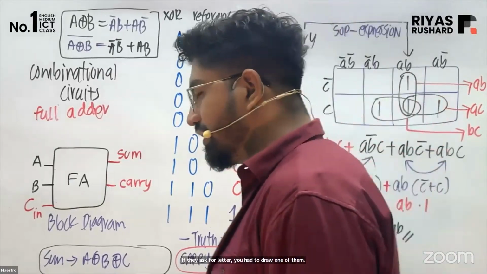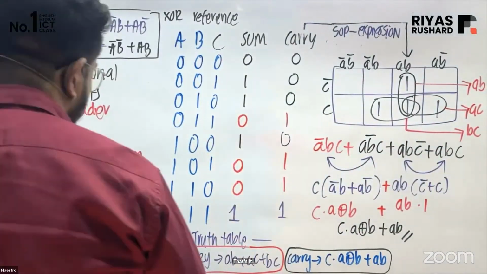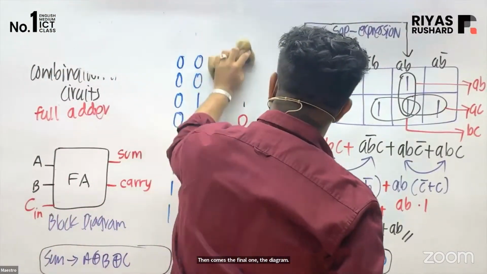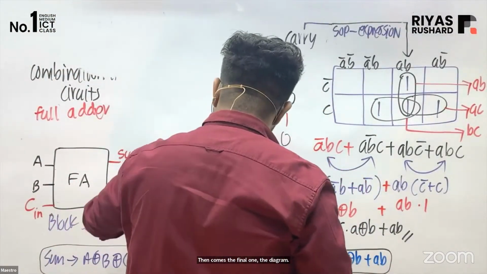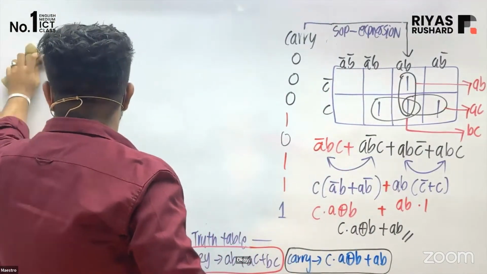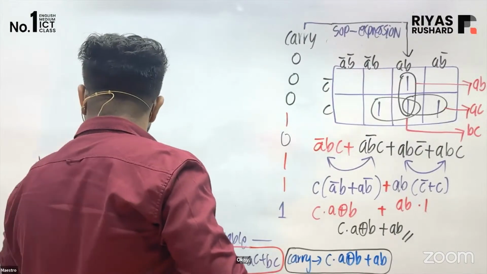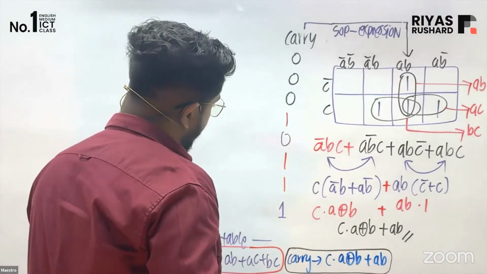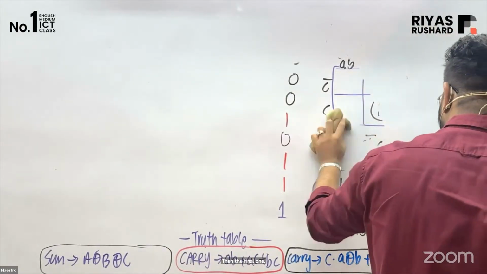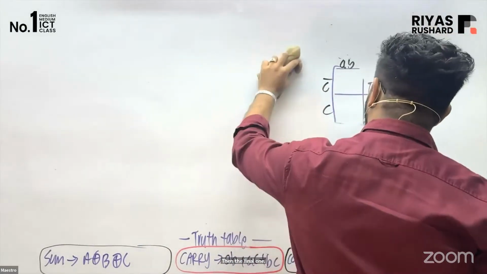Then comes the final one, the diagram. So a full adder can be designed in 2 ways.